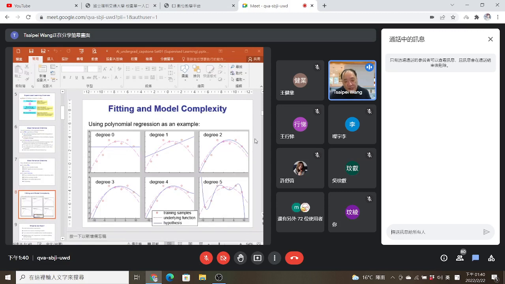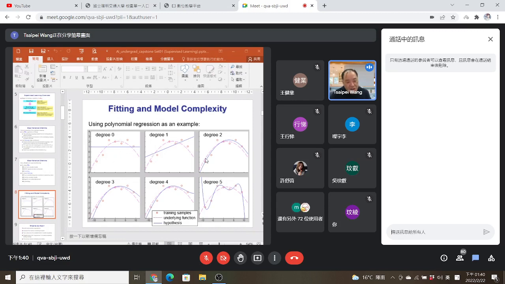So a very easy way to visualize this is via a regression problem. And this is an example of polynomial regression of several points that come with noise, and we approximate it with polynomials of different degrees. Okay, degrees from 0 to 5, and the bias is actually smaller and smaller.